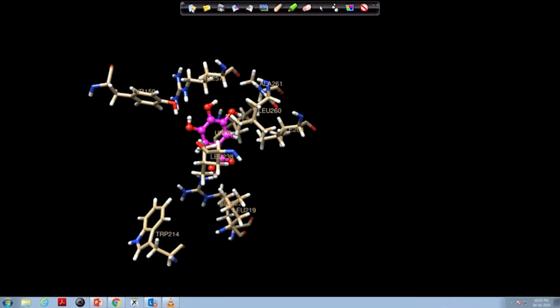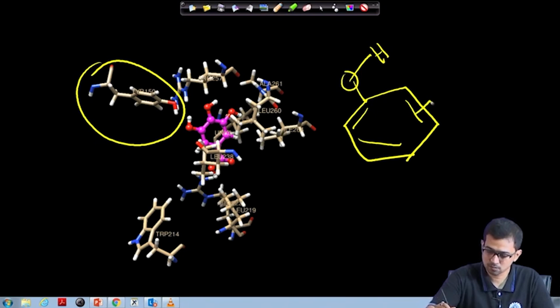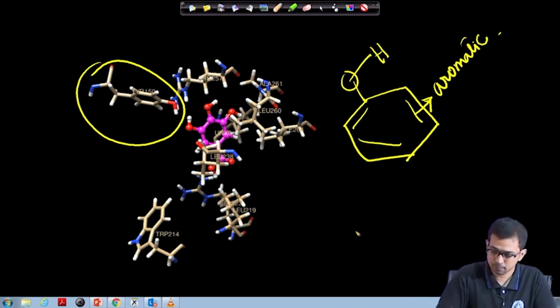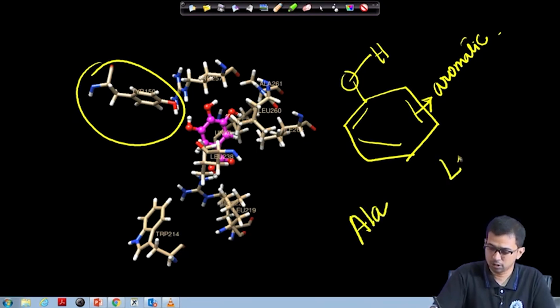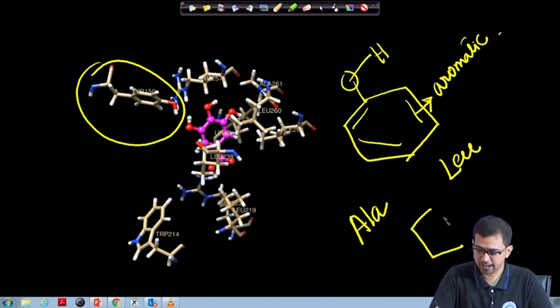But again, apart from hydrogen bonding, there is this tyrosine residue. Tyrosine residue has an aromatic part, and it is basically like this. And apart from this, there are alanine and also leucine residues.